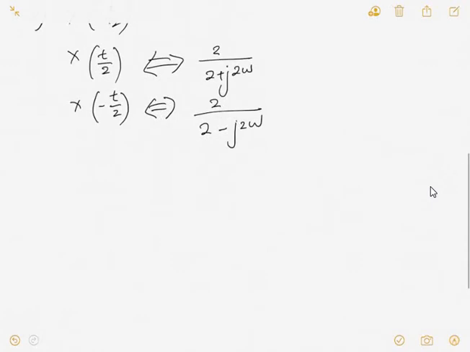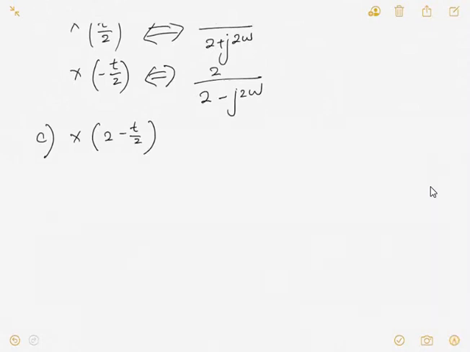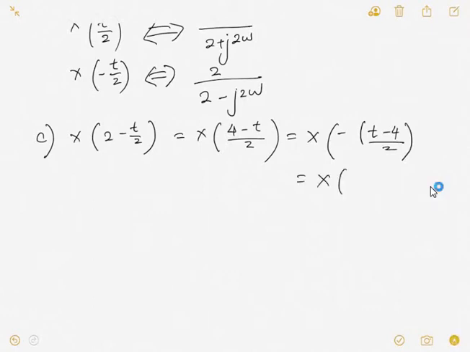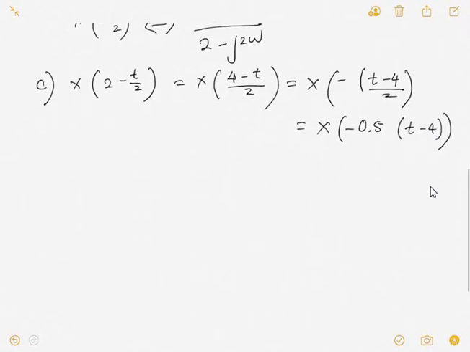Okay, next look at another question. x(2 - t/2). You can change it to x(-(t/2 - 2)), or x(-(t-4)/2), or you can write it as x(-0.5t - 4)... so we do the shifting first.